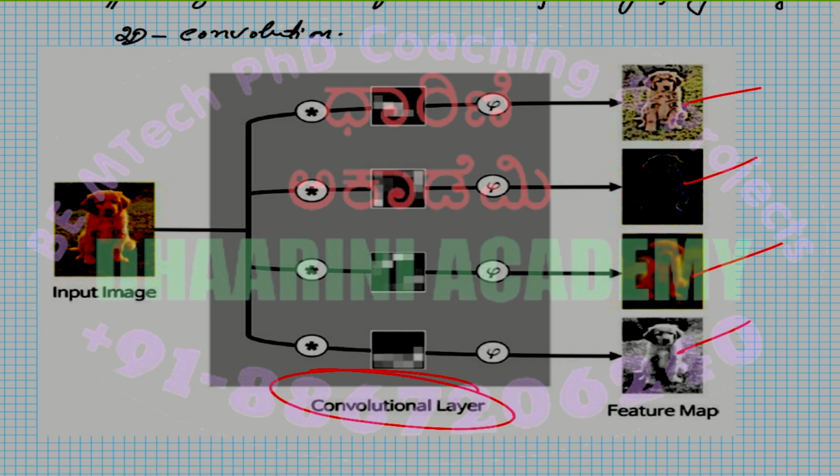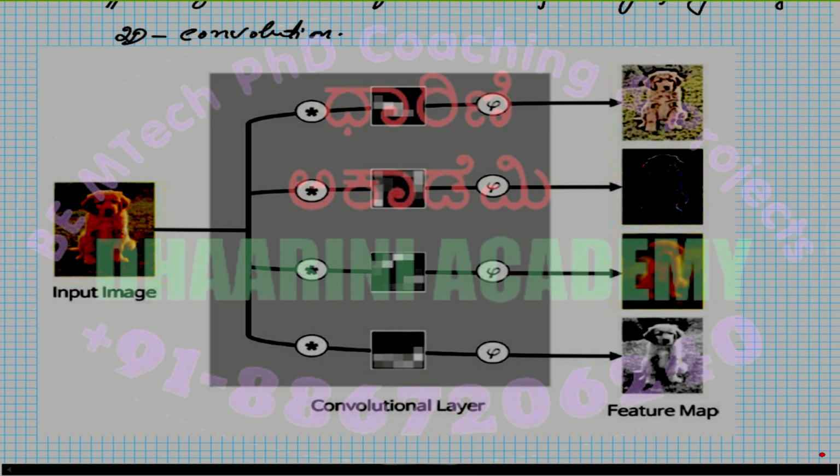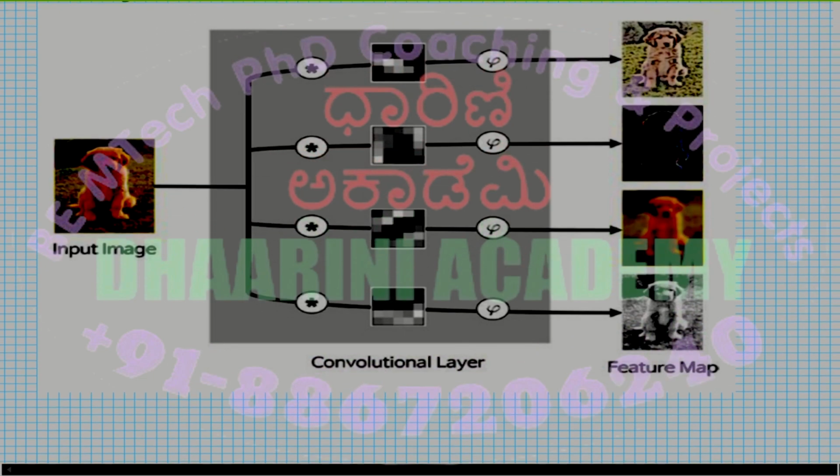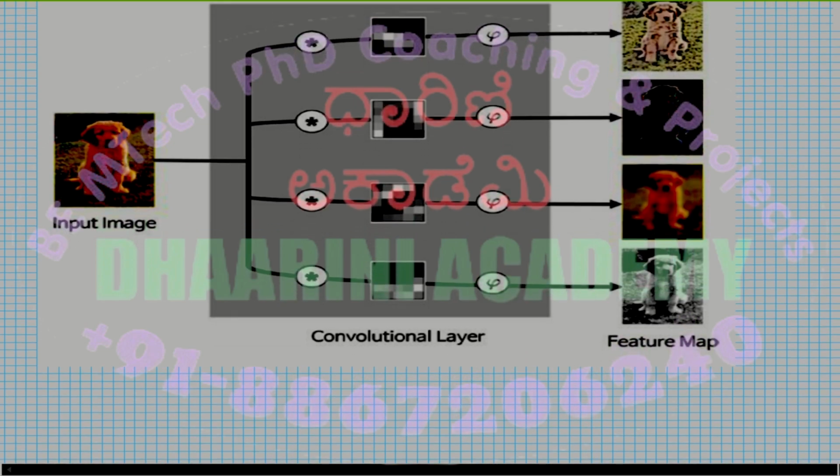So we have to develop the filters according to our requirement. Simply put a matrix over there representing the feature you want to extract and perform the convolution with the input image so that you get the overall feature maps as required. So this is very clear, what you are trying to do.